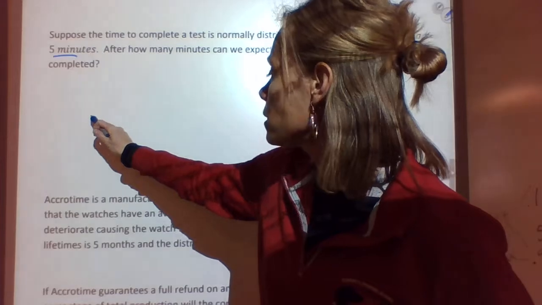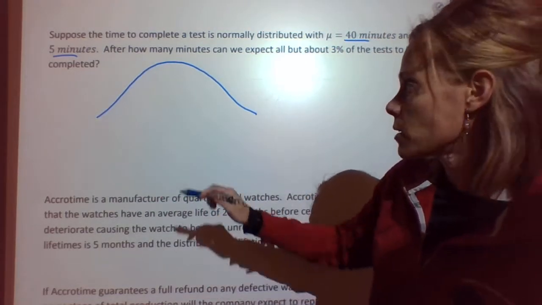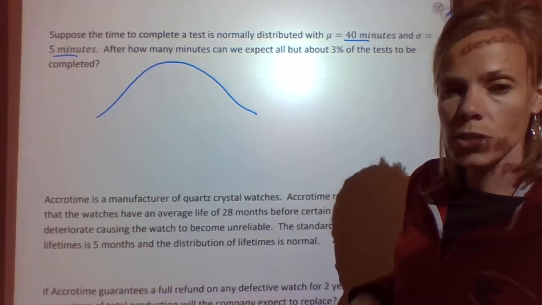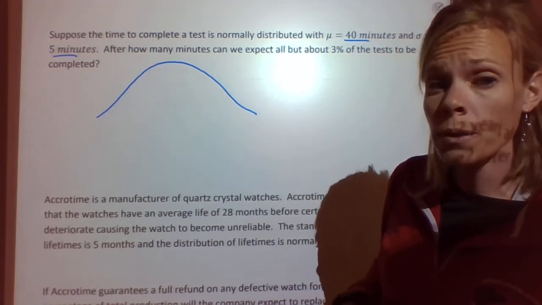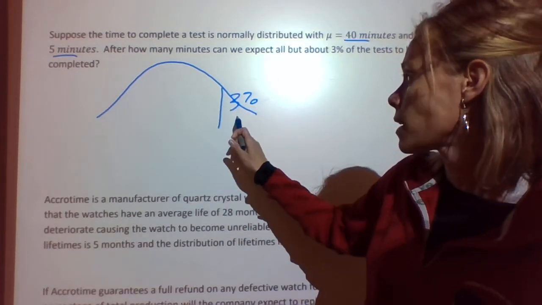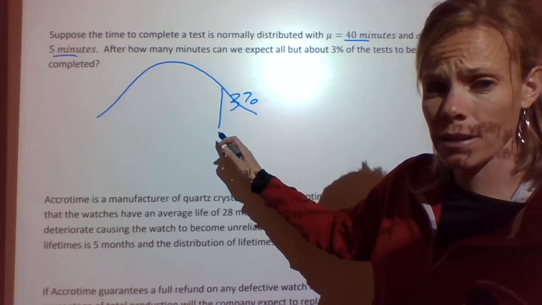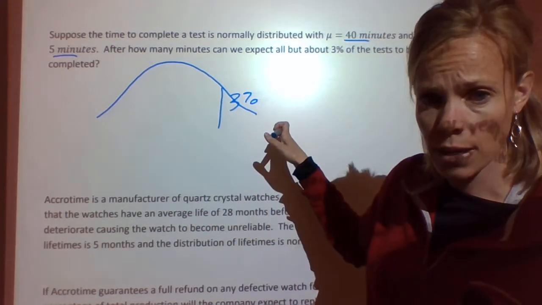So I want everybody to be done except for 3% of the people. So is that going to be more than the average time or less than the average time? More than the average time, right? So this is I want the top 3%. How much time does it take for almost everybody to finish except these 3%?